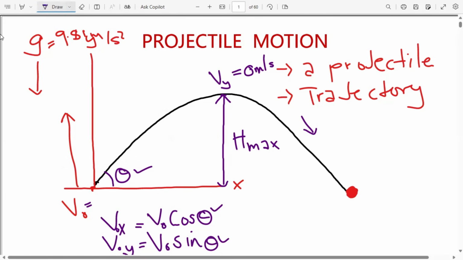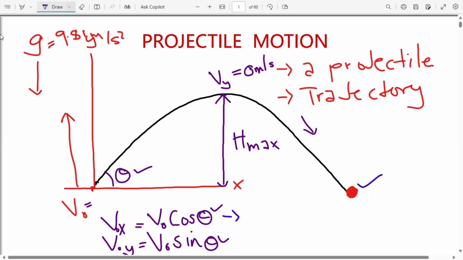That means the same velocity that you have at this initial point in the x-axis will be the same velocity that you are going to have at the final point in the x-axis, which means initial velocity in the x is equal to final velocity in the x, because there is actually no force of acceleration acting in the x-axis.